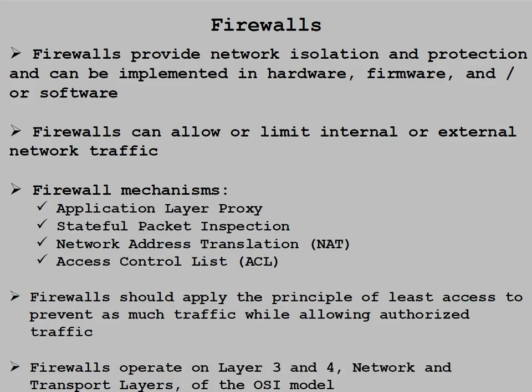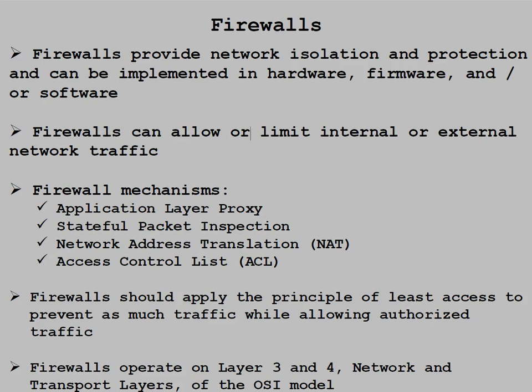So one of the topics that you will definitely see on your exam is firewalls. Typically, we see them implemented in a bunch of different ways, but hardware, firmware, and software are usually the big three. You think about Windows firewall, that's software, right?